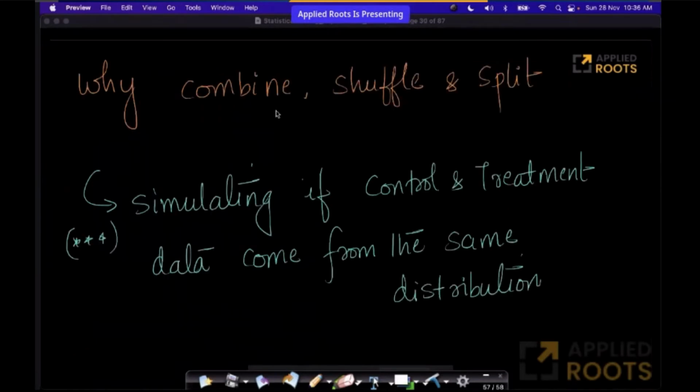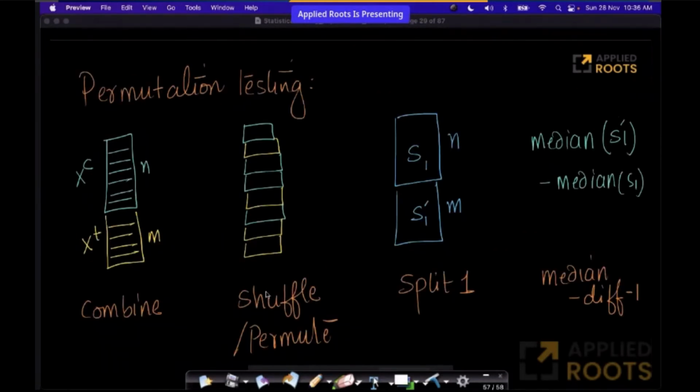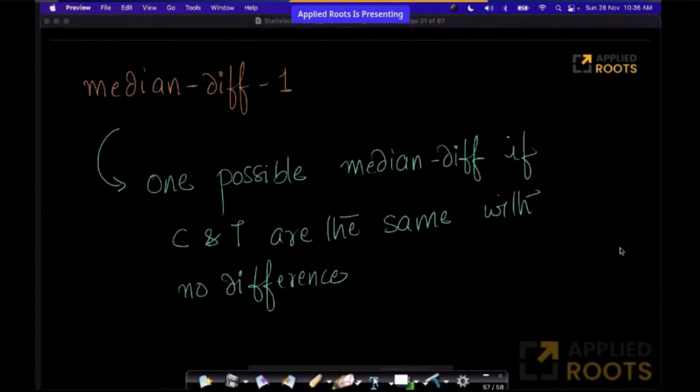Now, what is median difference one here? Median difference one is after combining, shuffling, after splitting. Again, this is only one split, right? I took the difference between the medians of the m samples and n samples, right? So median diff 1 is one possible value of median diff.